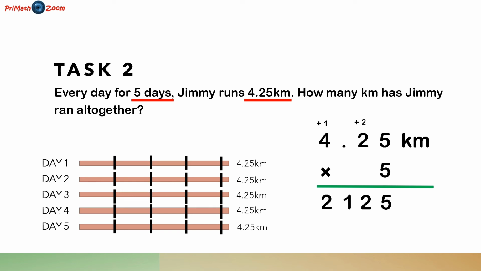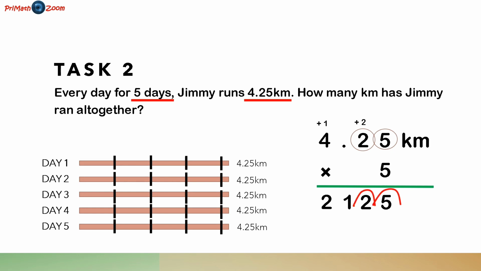And here we don't have our decimal point, but we need to identify the number of decimal places that we are working with. So we have 1, 2 decimal places. So what we're going to do is count off the decimal places starting from the right and place our point.